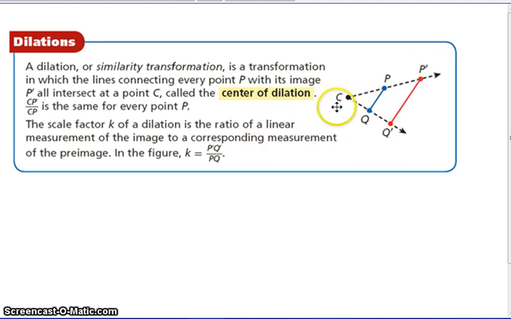So CQ' over CQ would be the same as CP' over CP. The scale factor, k, of a dilation is the ratio of a linear measurement of the image to a corresponding measurement of the pre-image. In the figure here, k is PQ' to PQ.